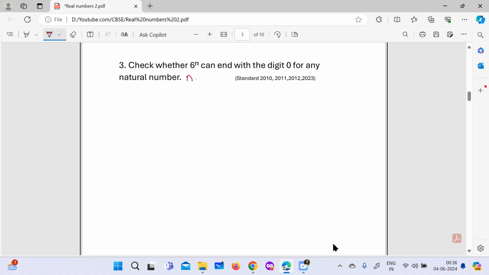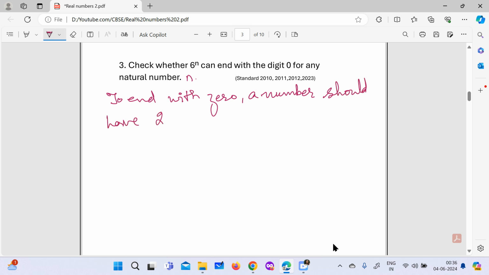Since to end with 0, a number should have 2 and 5 as its factors. So this is a very important point to remember.